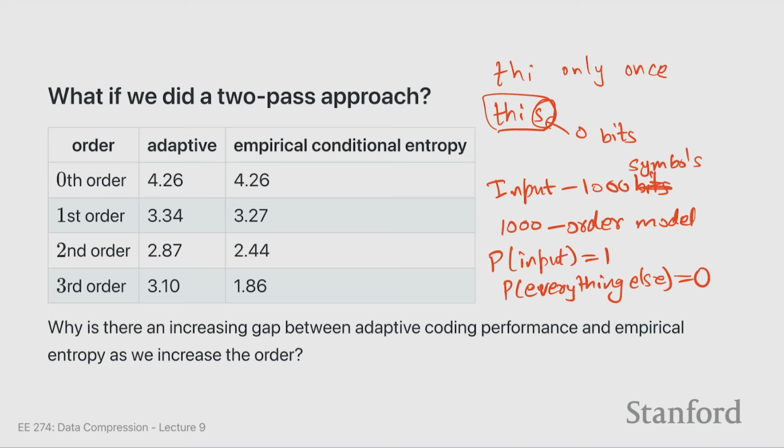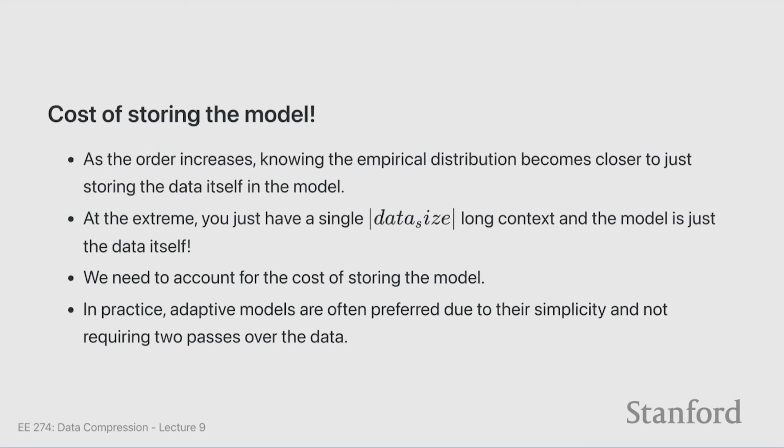You just store your entire data in your model and you say, oh, I encoded it in 0 bits because my model is perfect at predicting my particular data. Like you take a Sherlock Holmes novel, your model contains the entire Sherlock Holmes novel, and you encode it in 0 bits. You don't need to send anything. The decoder knows it's a Sherlock Holmes novel. So this is silly. This is not how we should do it, right?